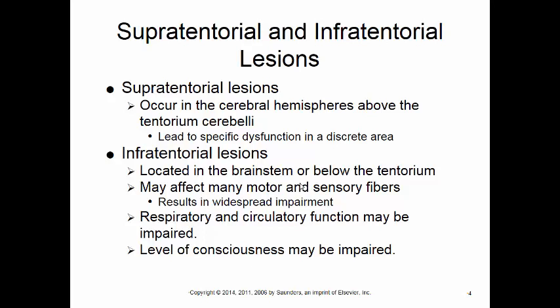It also can cause impairment of the respiratory and circulatory functions because the cardiovascular and respiratory centers are in the brainstem. Also with the infratentorial lesions, you might see an impaired level of consciousness. So the supratentorial are more specific, like this little part of the brain's messed up, so now I can't feel my right hand. The infratentorial lesions are more spread out throughout the whole body.